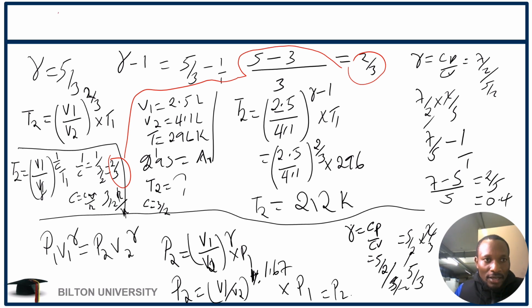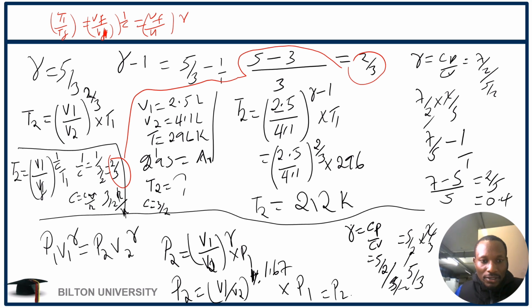So we can relate that T1 over Tf is equal to Vi over Vf to the power 1 over C, which is equal to Vf over V1 to the power gamma minus 1.